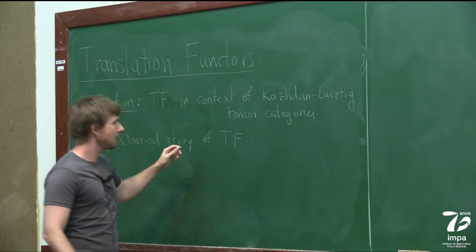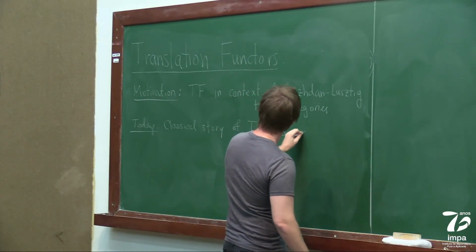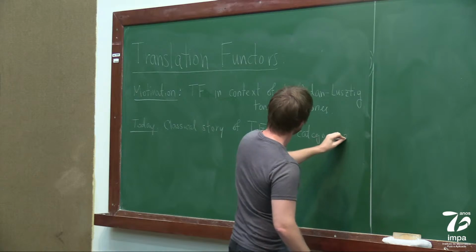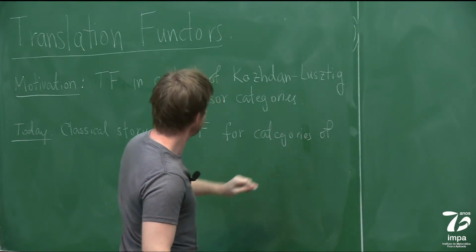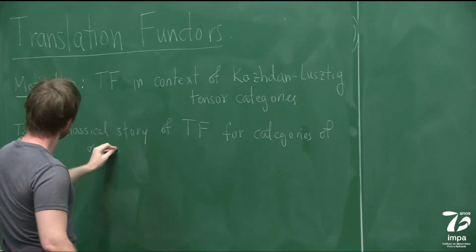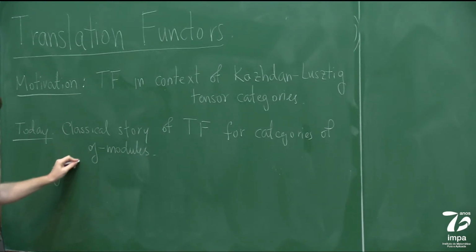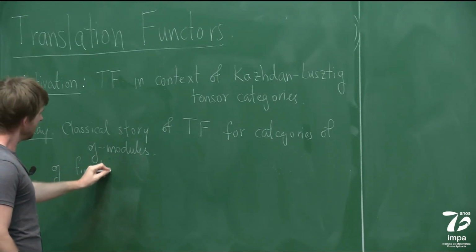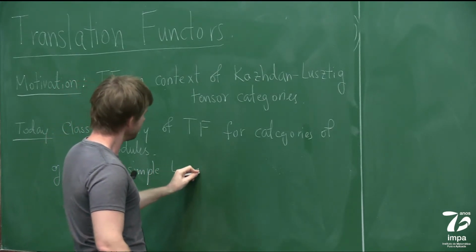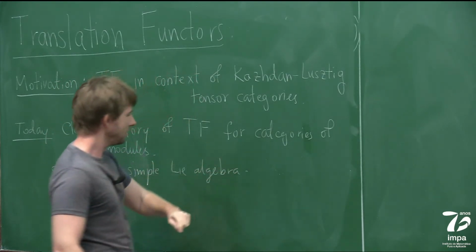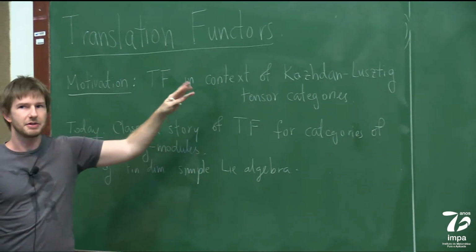I'm instead going to talk about the classical story, translation functors for categories of G modules, where G here is a finite dimensional simple Lie algebra. So the comparison between these two is that in some sense this is an affine context.